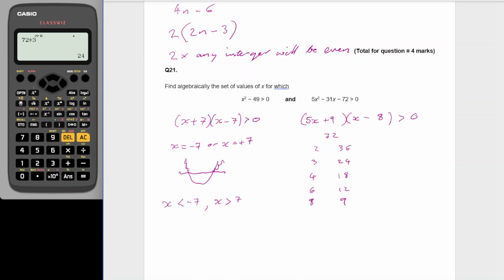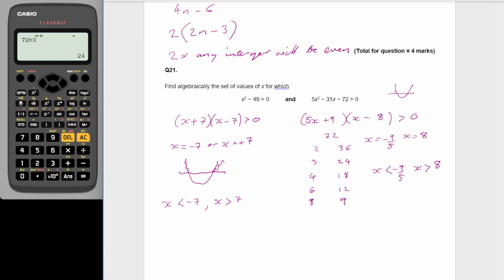Right, so that gives us x is equal to minus 9 over 5, or x is equal to 8. And again, this time x has to be less than minus 9 over 5, or x has to be greater than 8. So that satisfies both.